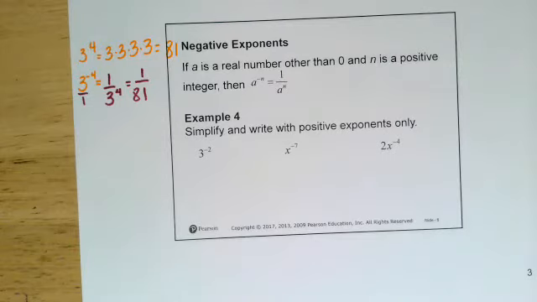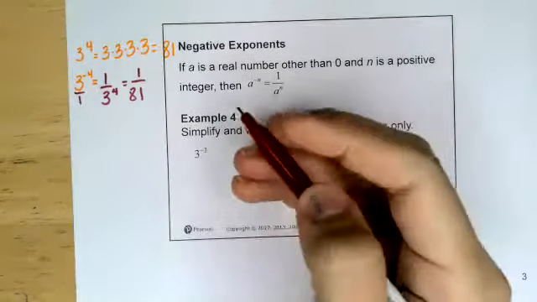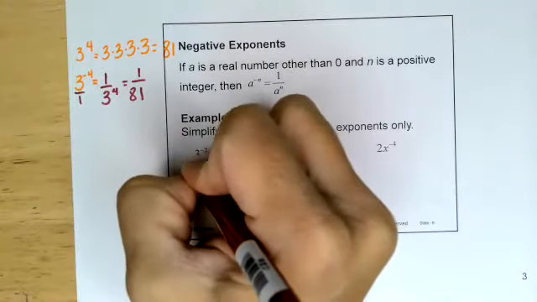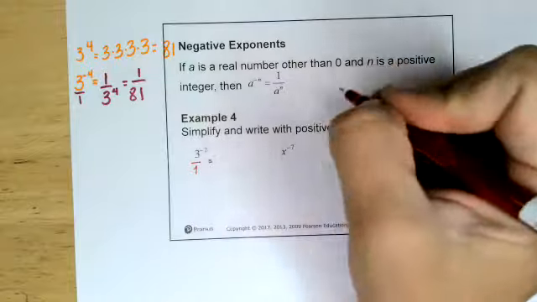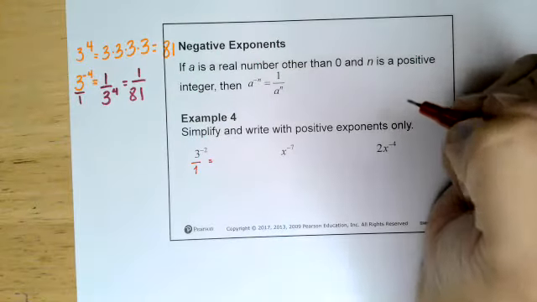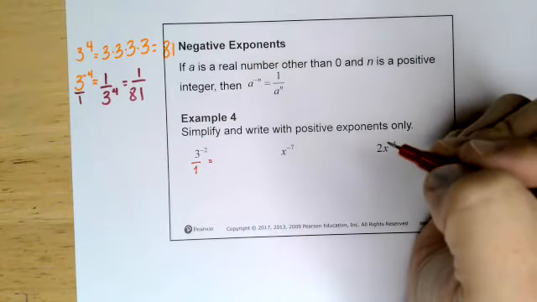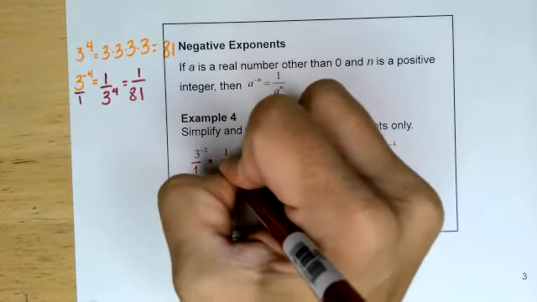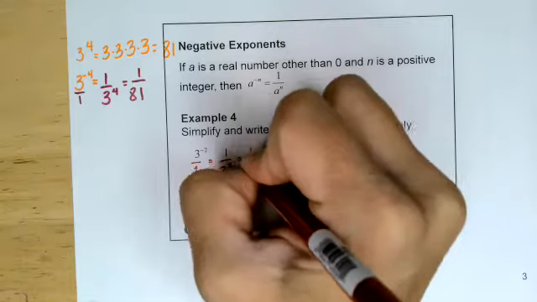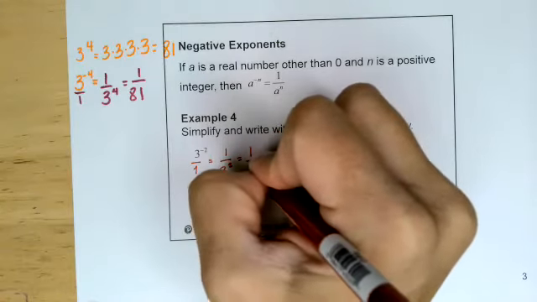3 to the negative 2. So there's my original. I'm going to reciprocate, okay? So that is 1 over 3 squared, which is 1 over 3 times 3 is 9.